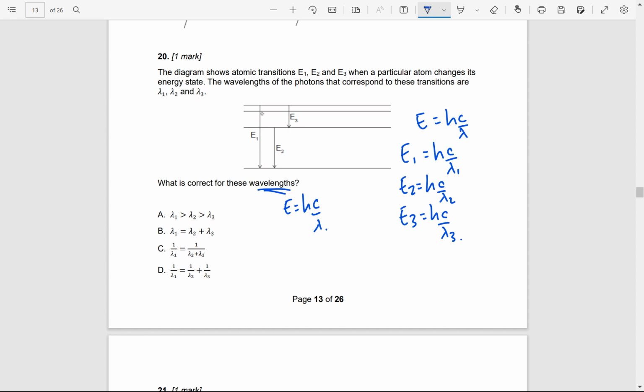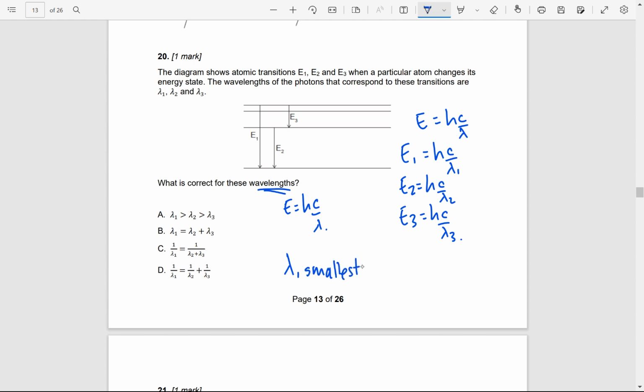So here we have the largest E1. All right, E1 is the largest, which means that lambda 1 is the smallest. Okay, so lambda 1 is the smallest.